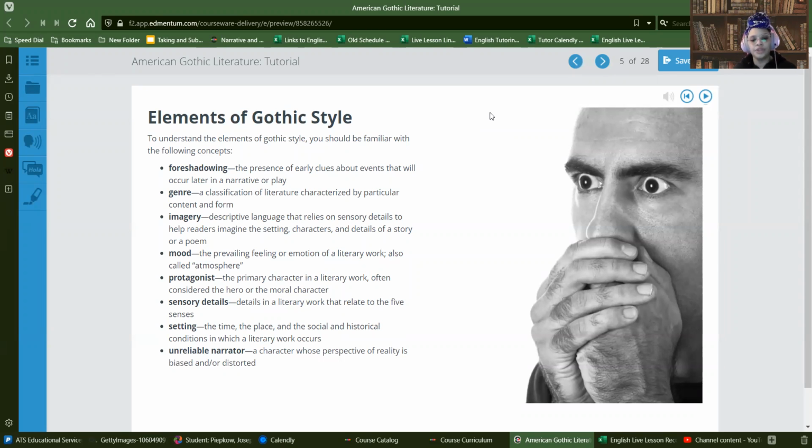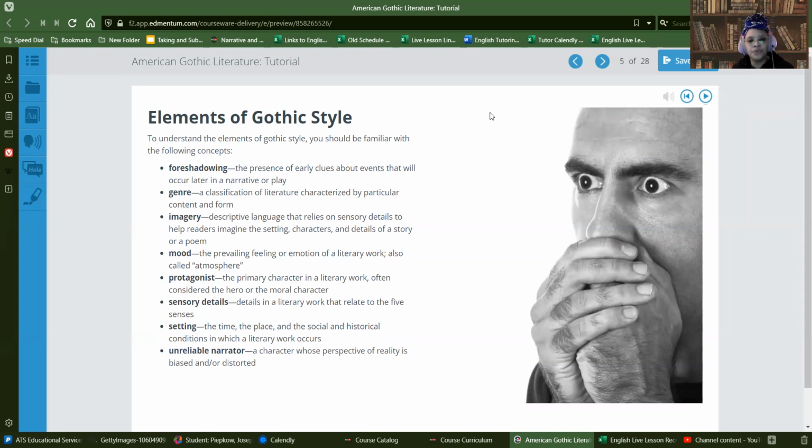Okay, so we start off on slide 5 with elements of Gothic style. They pretty much lay all of this stuff out here for you. They give you the vocabulary words and what these things mean, and they do it in a very short sort of way. Each one of these definitions is definitely just one or two sentences, if even that.